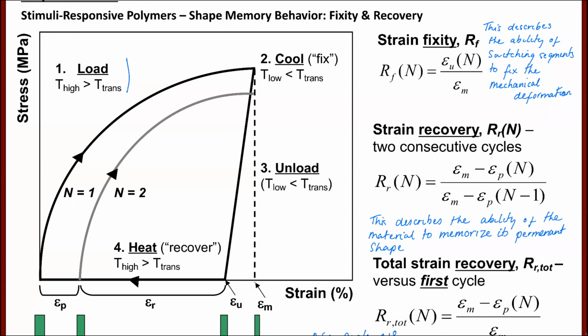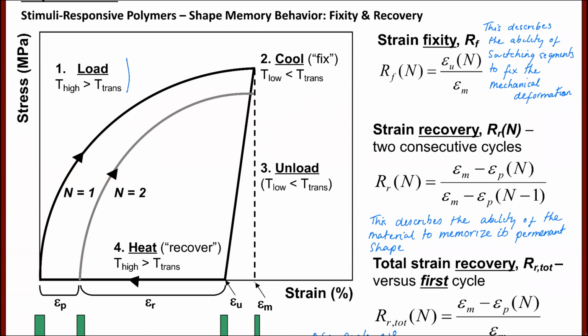Then once it's in that temporary shape, we then move from 4 back to the start of 1 again by heating it. So what we're trying to do is recover the polymer from its temporary shape and get it to go back to its permanent shape. So again, we heat it up above its transition temperature to measure how much it recovers.